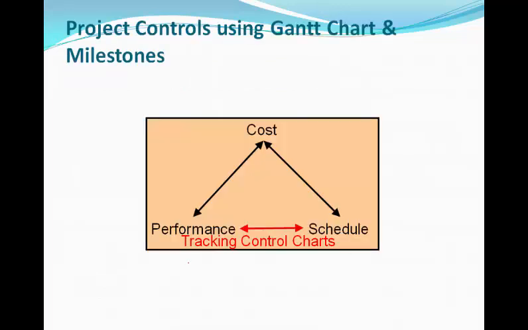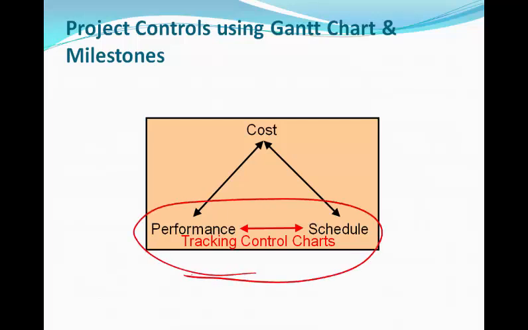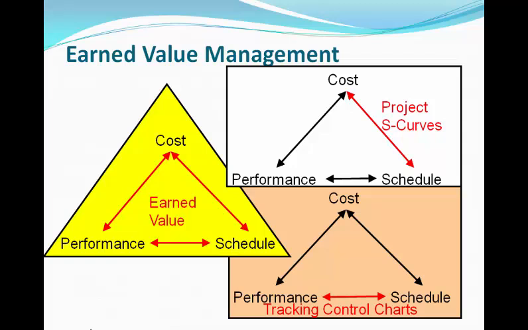So just relying on tracking controls, we're only tracking performance against schedule, and the cost doesn't come into the equation. Earned value, however, focuses on tracking cost against schedule against performance, and therefore gives you a better control tool to manage a project on the triple constraint.